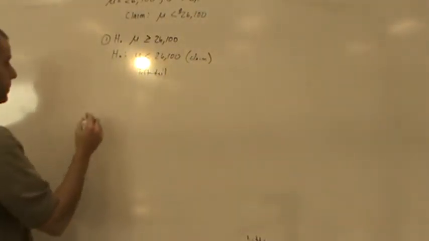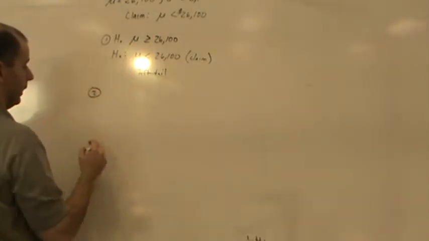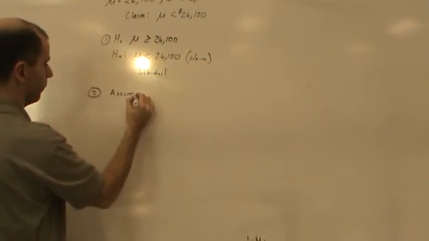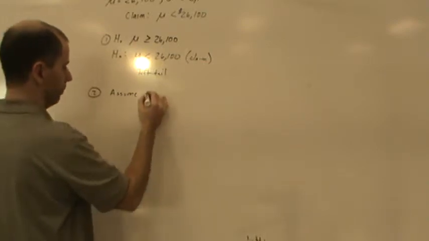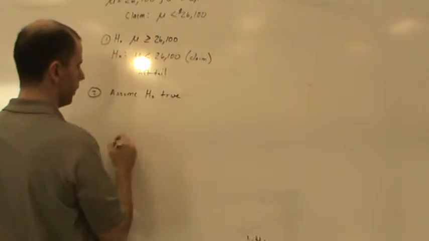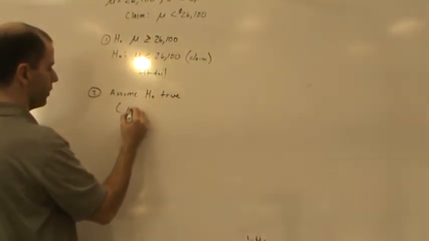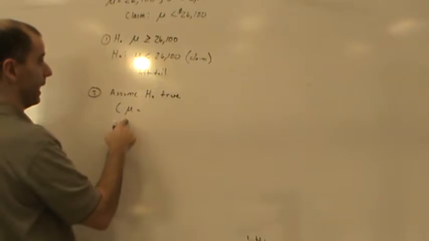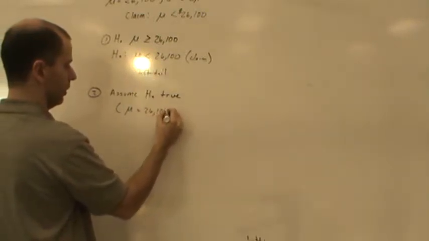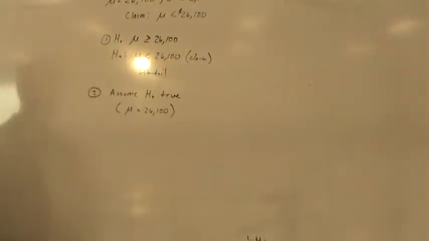So now step two is always the same. We're going to assume the null is true. In other words, we're going to assume that the population mean hasn't changed, that it's still equal to $26,100.